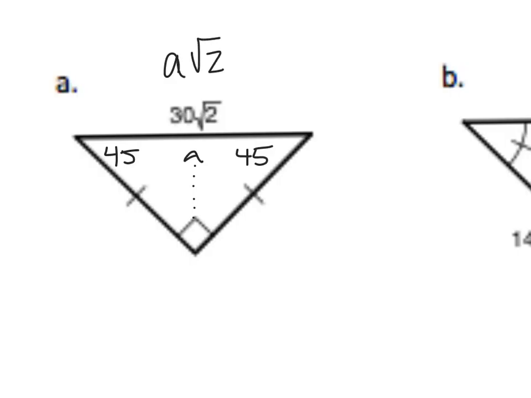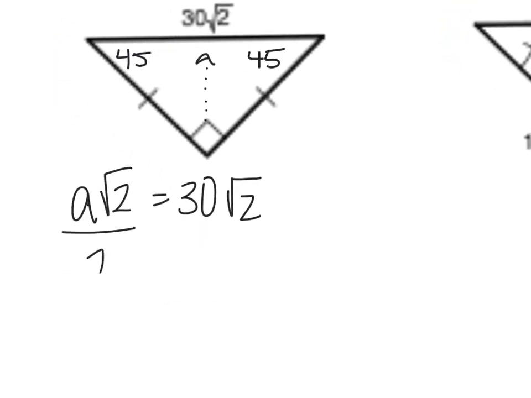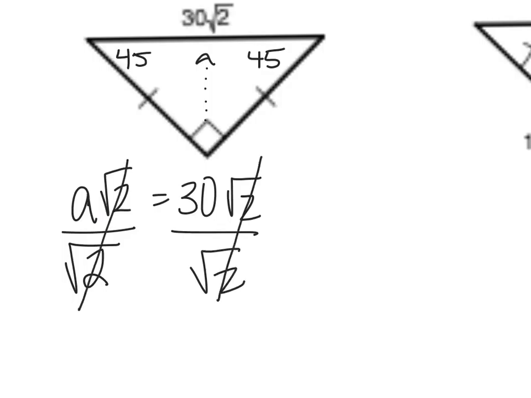So I'm going to set up an equation: A root 2 equals 30 root 2. To solve for A, you would divide by root 2. So those cancel out, and so do these. So A just equals 30.